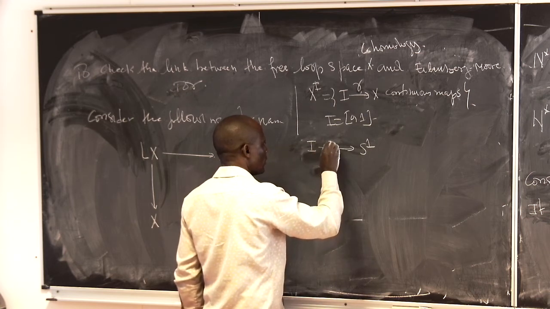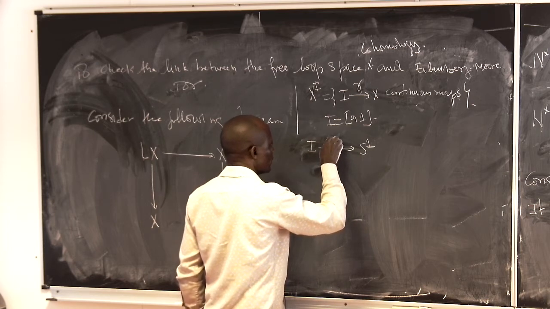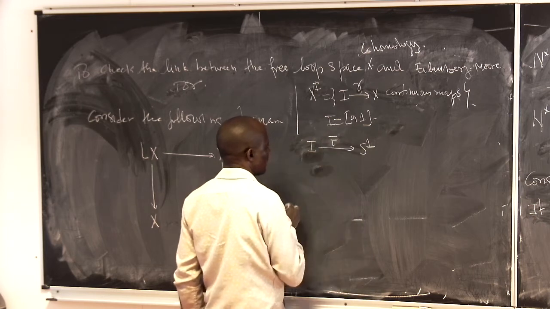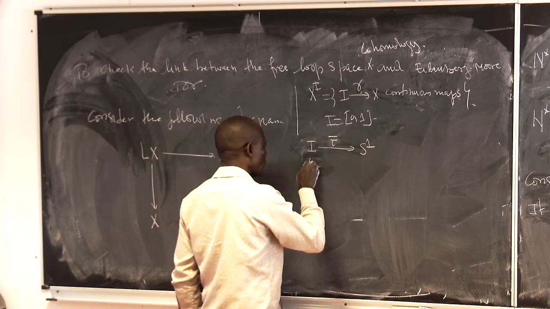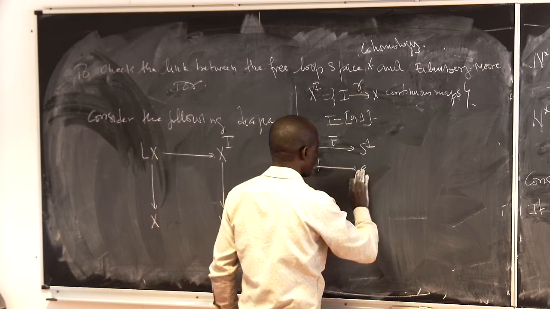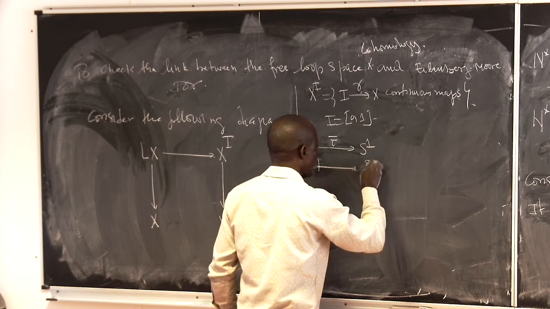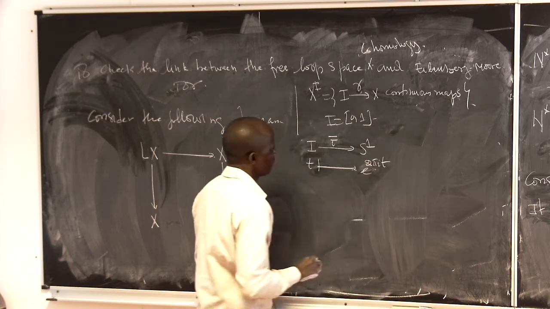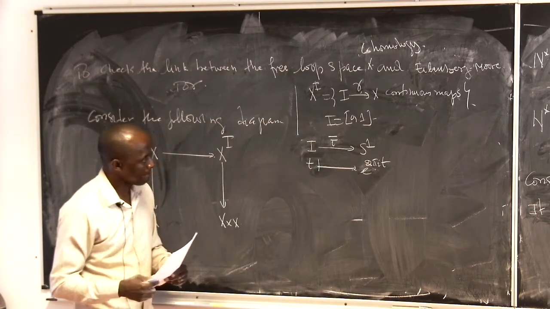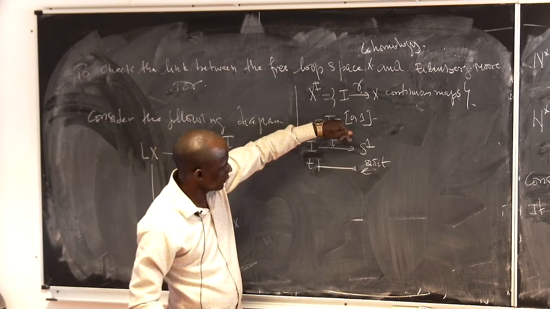Let me call it p bar, which assigns to any t here the exponential of 2 pi i t. This map is continuous, but it's not bijective.